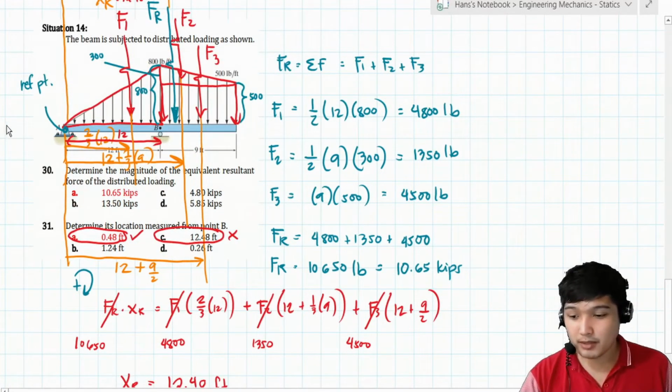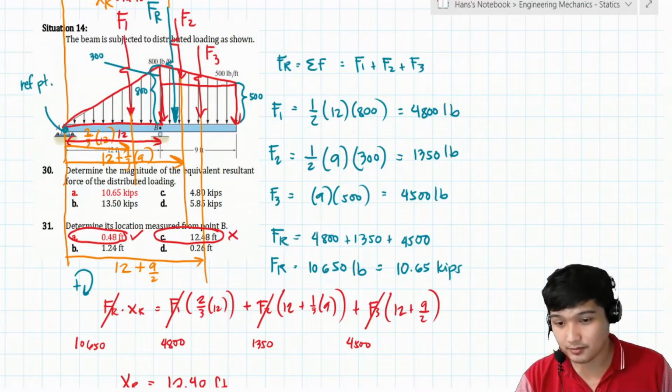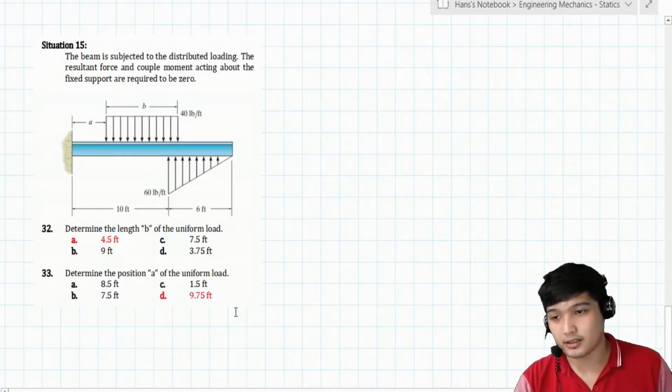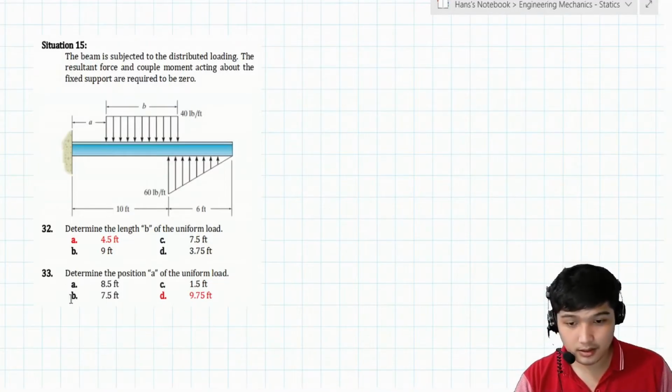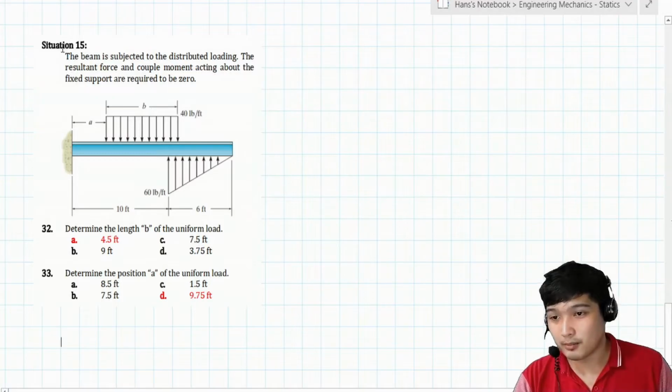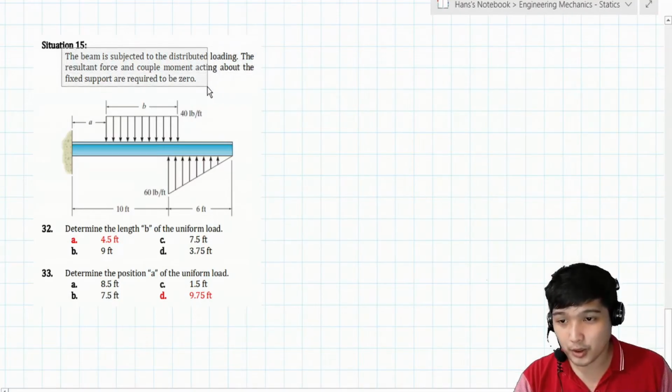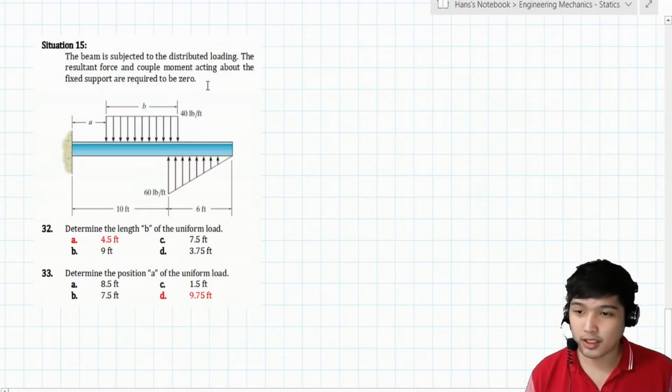So, next problem tayo, class. So, kunin ko lang. Okay, so, ayan, situation 15 tayo. So, the beam is subjected to the distributed loading. The resultant force and couple moment acting about the fixed support are required to be 0. So, nagets nyo ba yun?